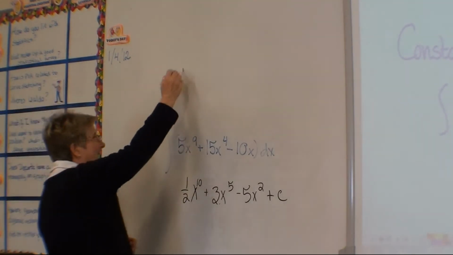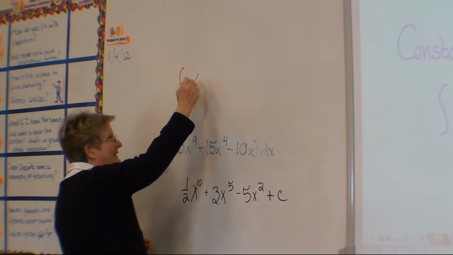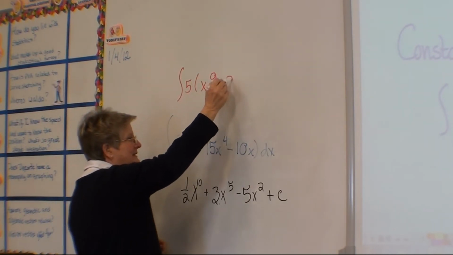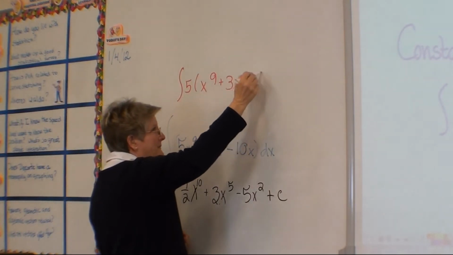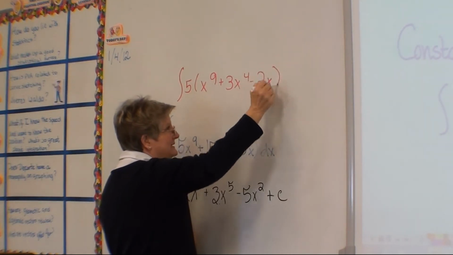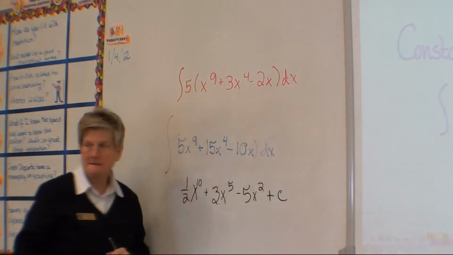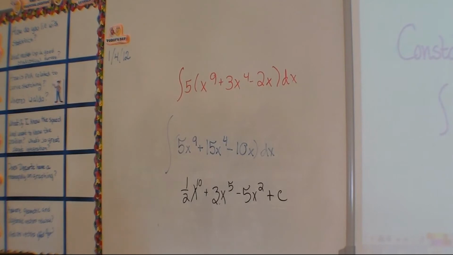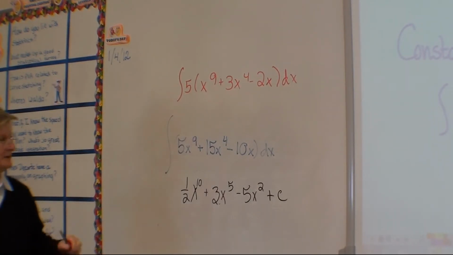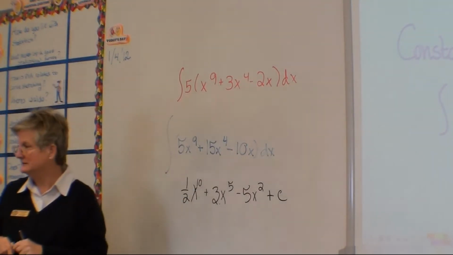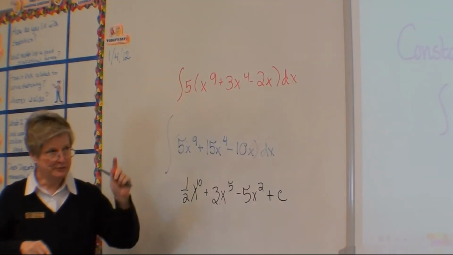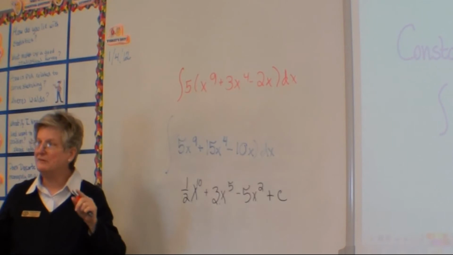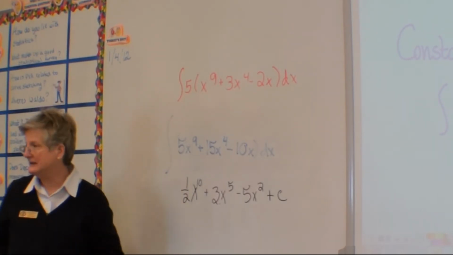But I'm going to factor out a 5, and that gives me x to the 9th plus 3x to the 4th minus 2x dx. And all I did was factor out that 5. Now, I would never do that on a problem like this. I would do just exactly what we did. I'm just proving to you that that works because there are some problems where you have to do this.